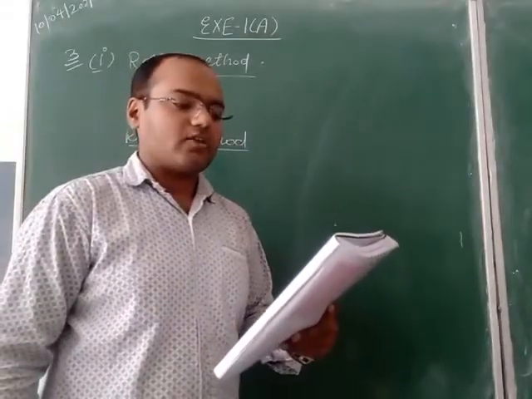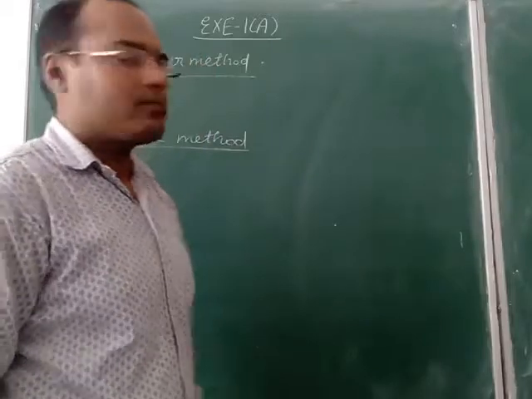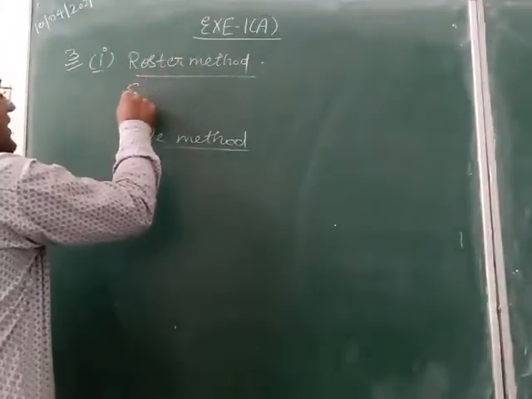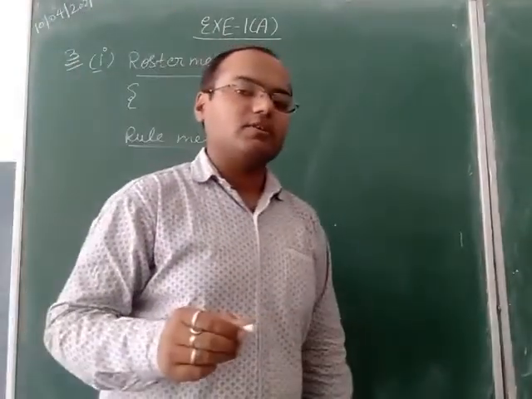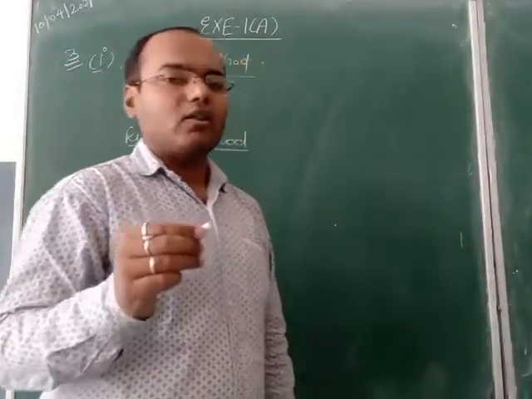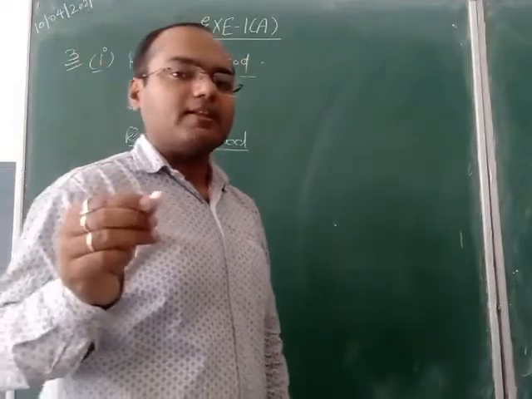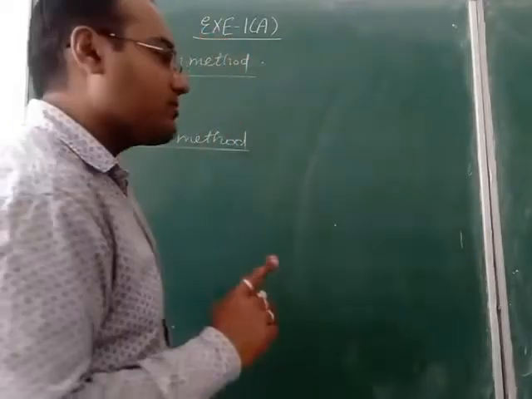First part is the set of letters of the word terracotta. So how will you write the answer? Roster form we have to write. Roster means we have to write all the elements and separate them with commas.